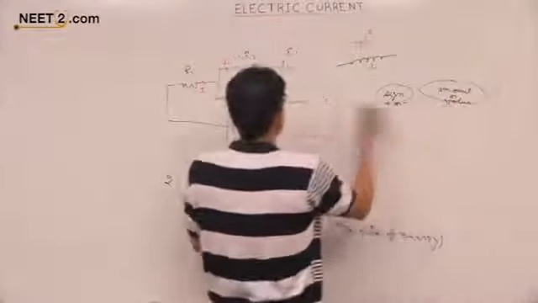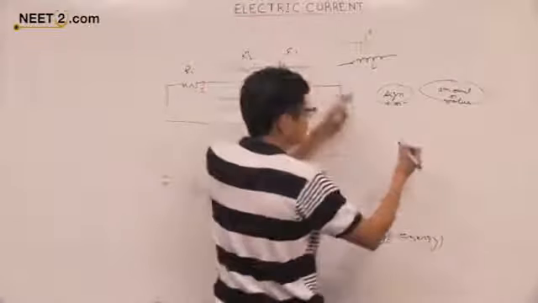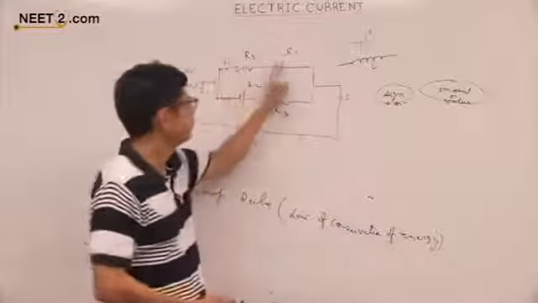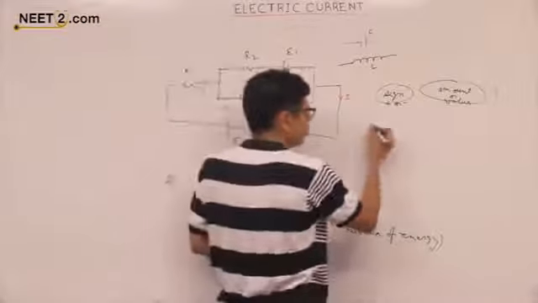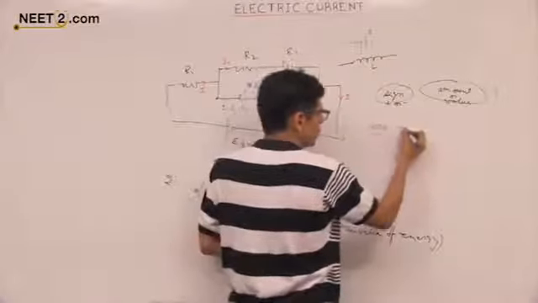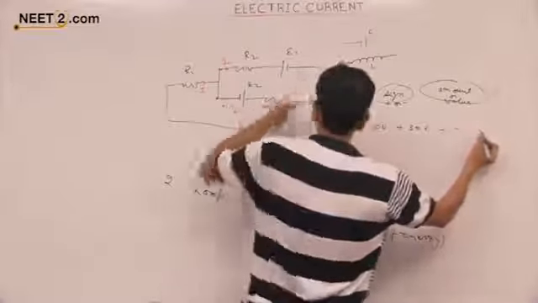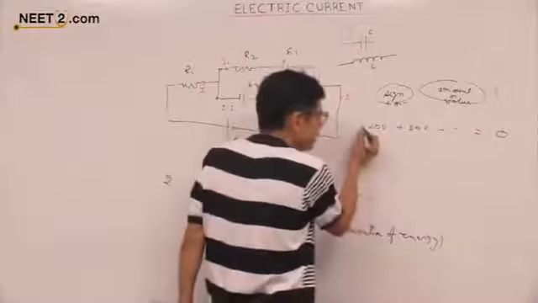So we'll have, for example, here I could be writing something like plus 20 volts, then minus 30 volts, and like that. So plus, minus, you keep doing that for the entire loop, and then you set it equal to 0. So 20 volts plus 30 volts minus so many volts, and all that, down the loop you go in a closed circuit, is equal to 0. So this is the meaning of algebraic.